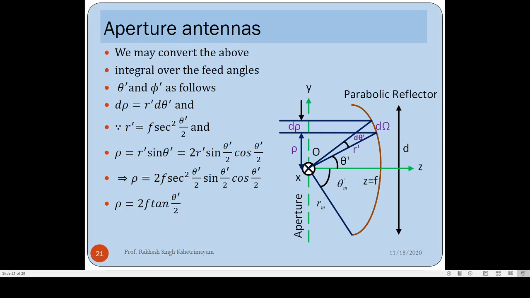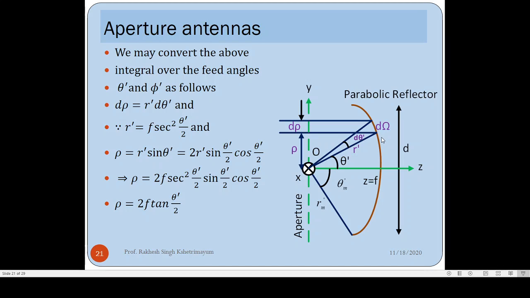What is the relation of this d rho with that of the feed angle of the feed antenna here? We need to find out that relation. What is d rho? d rho is equal to d omega here. This d rho and d omega would be the same.